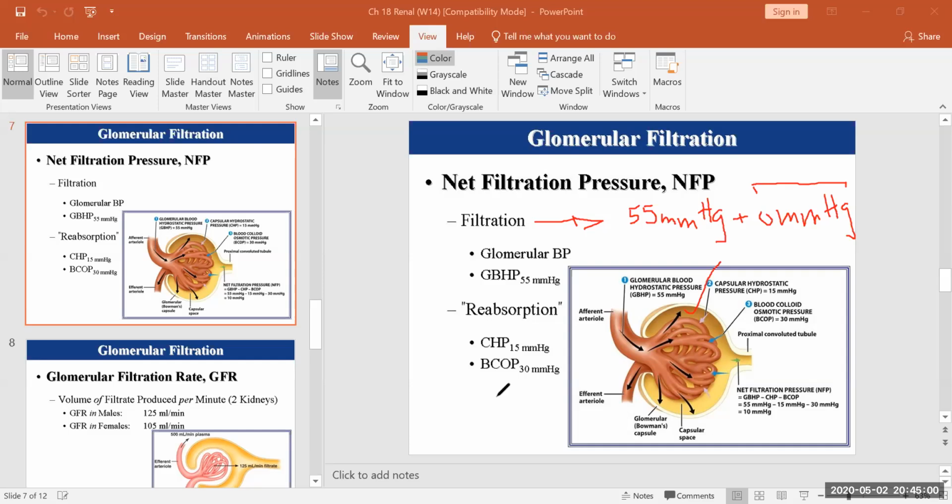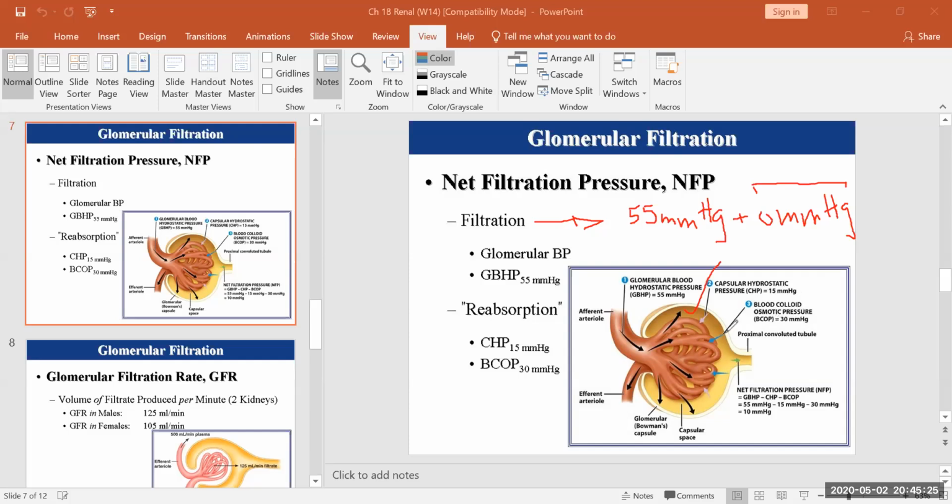The next two are opposing filtration, meaning they are basically promoting the filtrate to go back into the glomerulus. So the water pressure in the Bowman's capsule at 15 millimeters of mercury, and also the blood colloid osmotic pressure.